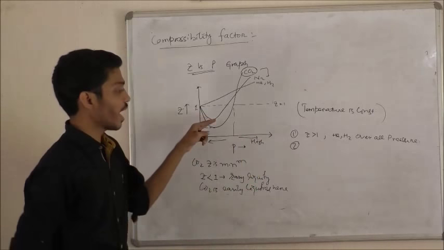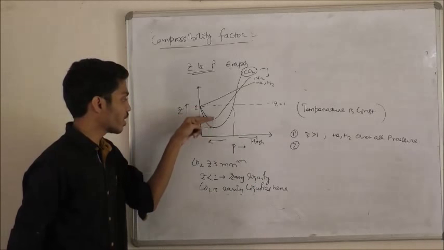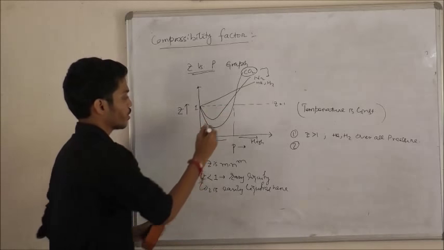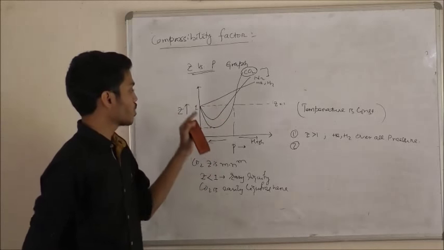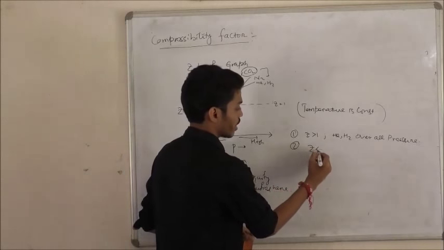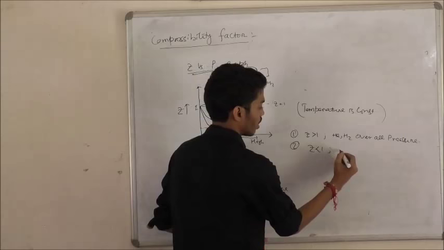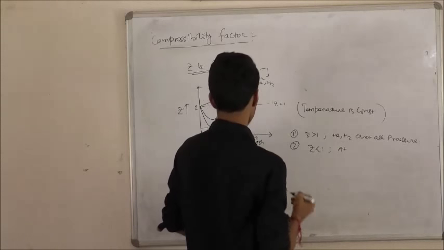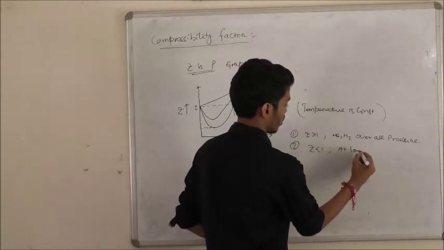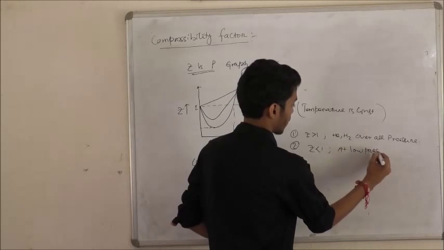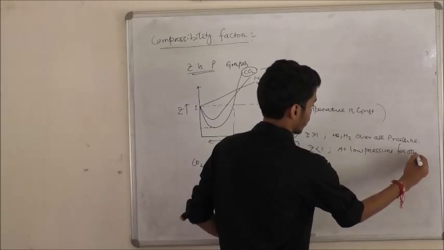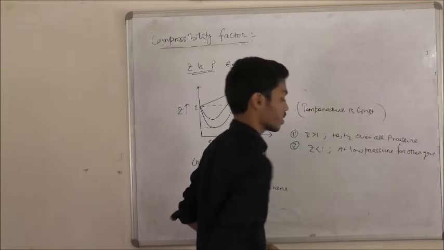Okay, so see here at low pressure Z is less than 1. This is less than 1, this is less than 1, this is less than 1. So Z is less than 1 at low pressure for other gases.